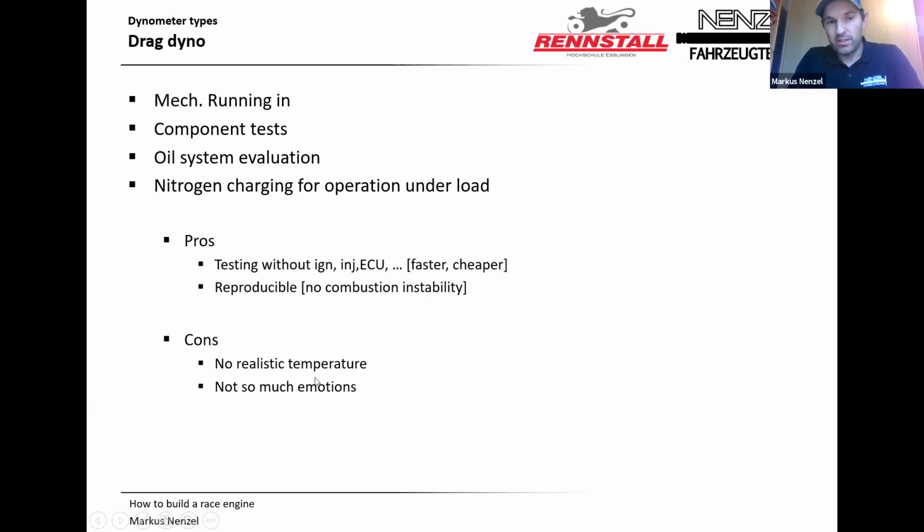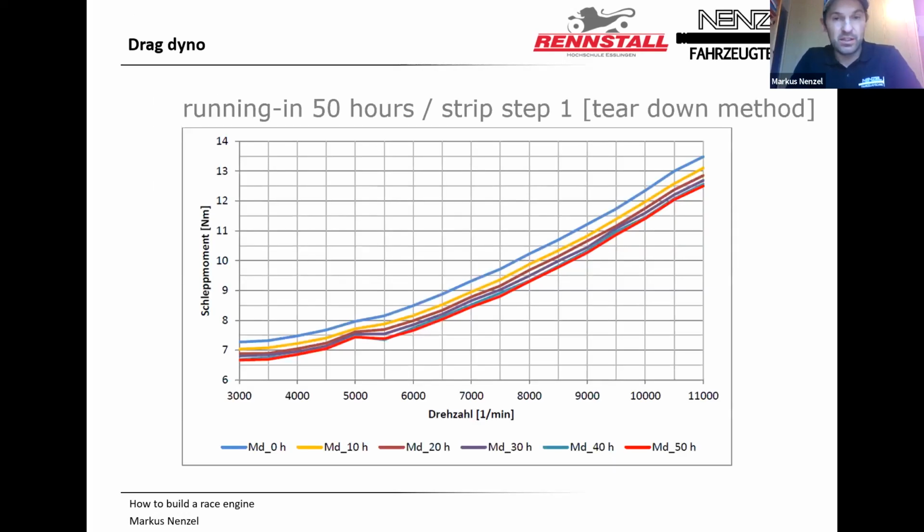Maybe the cons: it's not completely realistic in terms of temperatures, and it's not so much emotion, because there is no red-hot exhaust manifold, there is no noise, but it's a quite important tool for early testing.